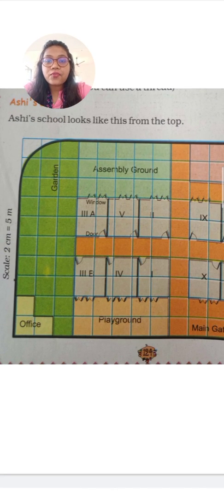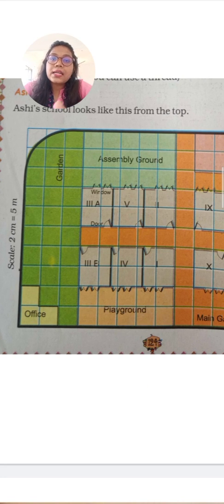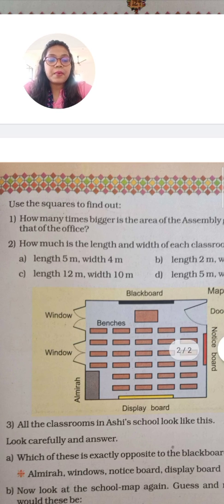Now what we have to find is how many times bigger the assembly ground is than the office. Office covers 3 boxes and the assembly ground covers 15 squares. So 3 is already there. Now how many times is still remaining to cover the remaining area? That is 5.